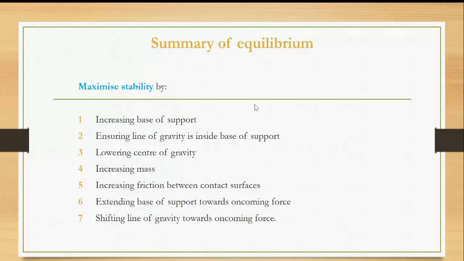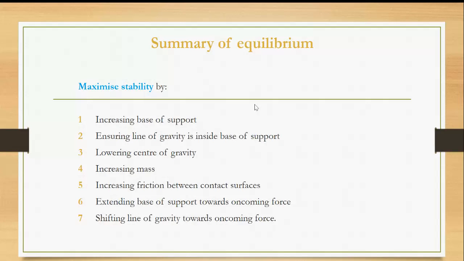So, summary of this, you can maximize your stability, which is the amount of resistance that you can take in order to stay in equilibrium. You can maximize that stability by increasing the base of support, ensuring the line of gravity is inside the base of support.